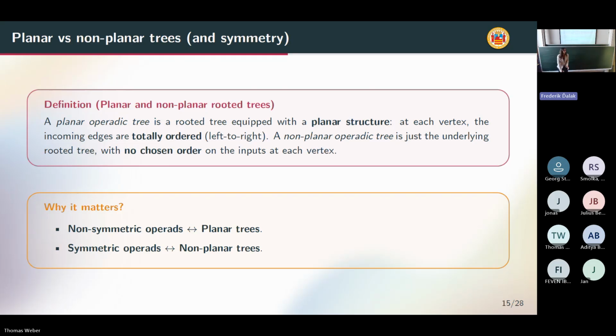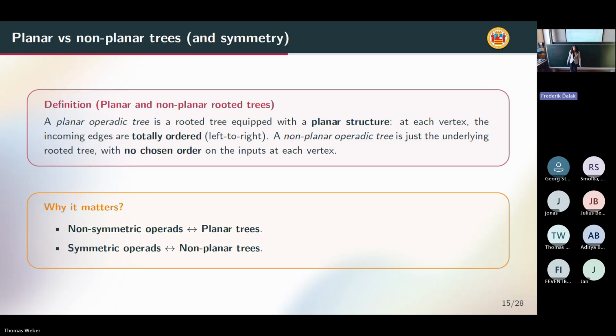The proper example is probably our hands. We have the wrist, which is the root of this kind of tree, and then we have the leaves, our fingers. And if you look at it from a perspective, then you see an order. And if you look at it from another perspective, then you see another order on the leaves.